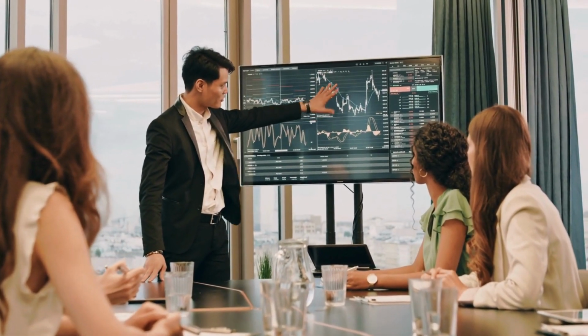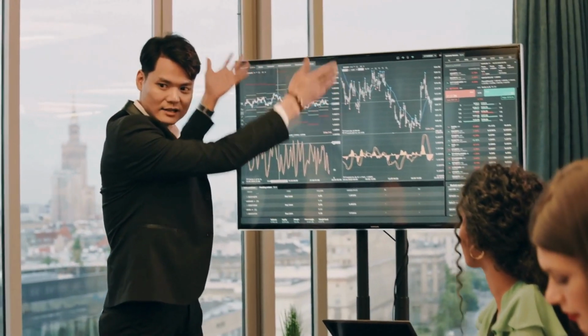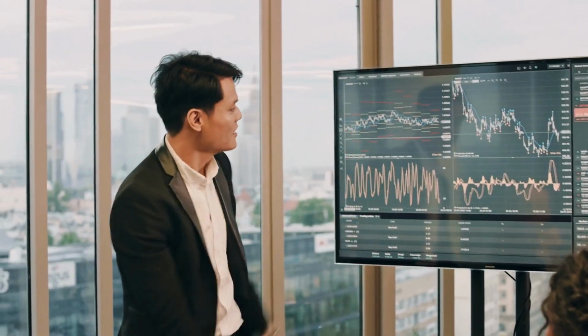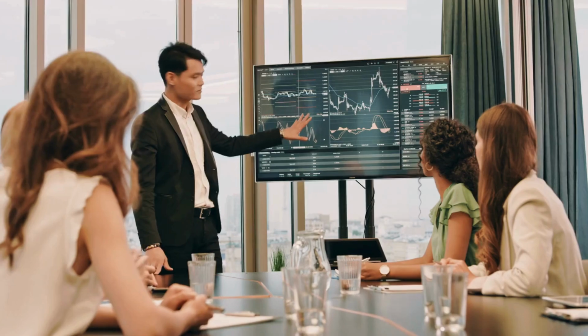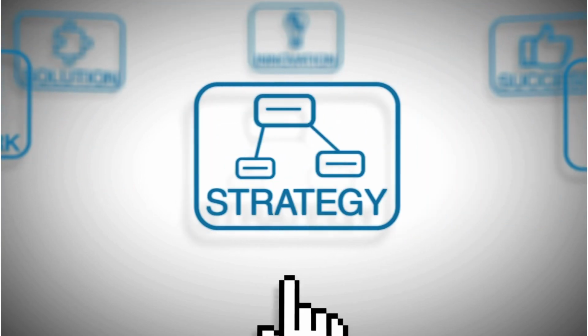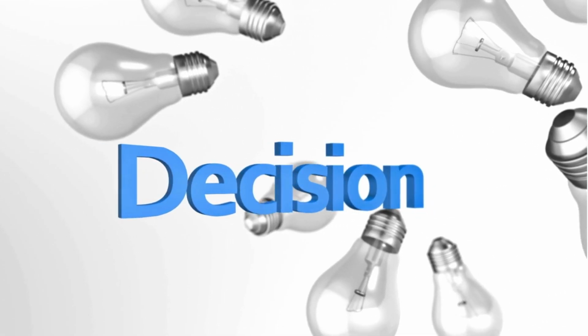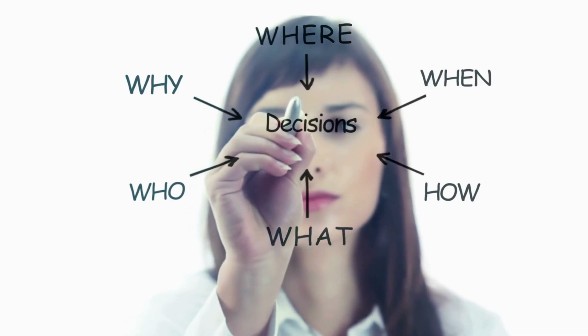However, the true power of data analytics and big data lies not just in the insights themselves, but in how we use them. These insights can inform strategy at every level, from research and development to marketing and patient education. They can guide decision making, ensuring that it is based on a solid foundation of evidence and deep understanding.